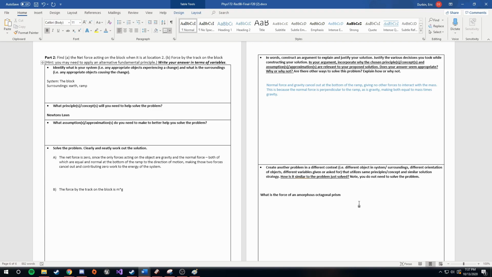What is the force of an amorphous octagonal prism sliding down a... I'm gonna talk about a skier going through a half pipe. I don't know about you guys. I just said the same thing to the roller coaster.